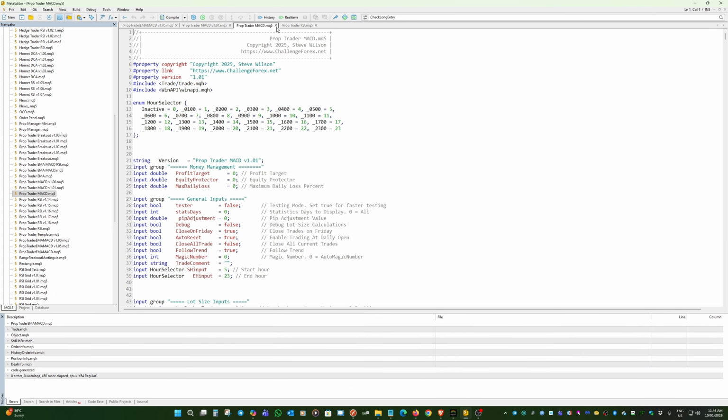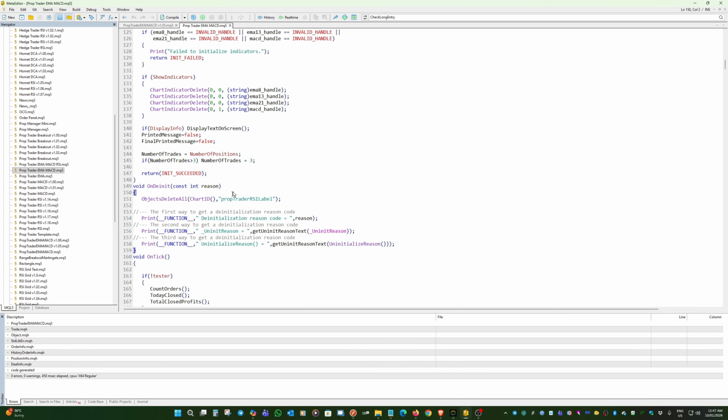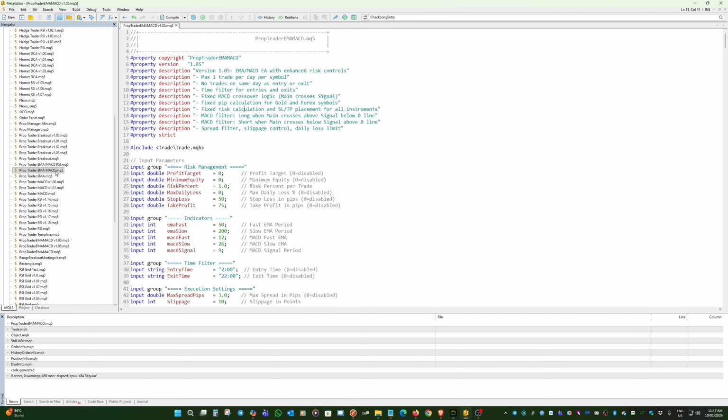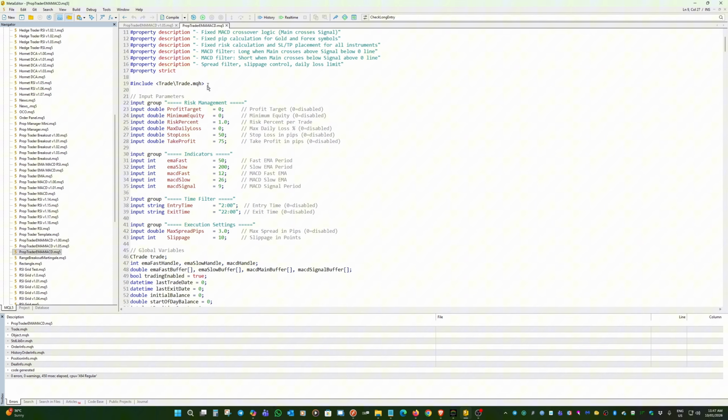Nope, that's not the right one. This is the one we're working on. Nope, that is not the correct one. Here we go again. I think that one is. Yes, this is the one. So what I've got here is I've saved version 1.05 as a backup copy, and this is the actual working model.